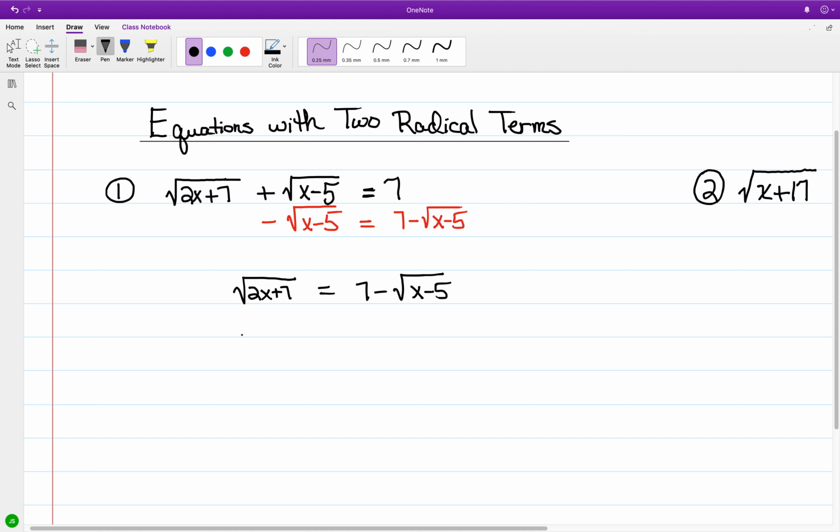And to free up 2x plus 7 from the radical, with square roots, I'm going to square both sides.